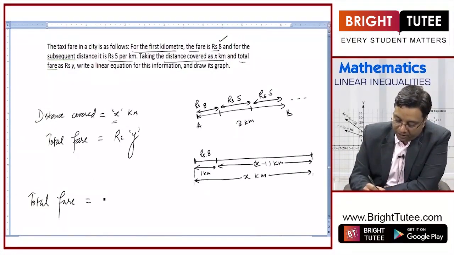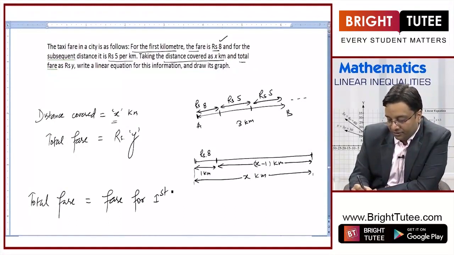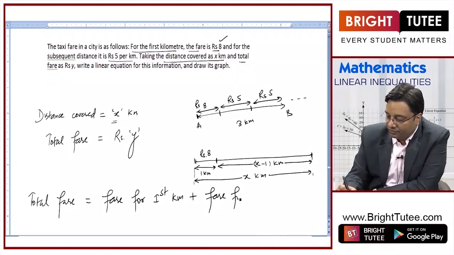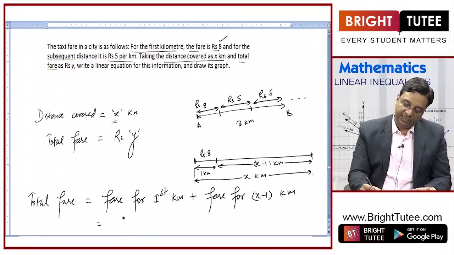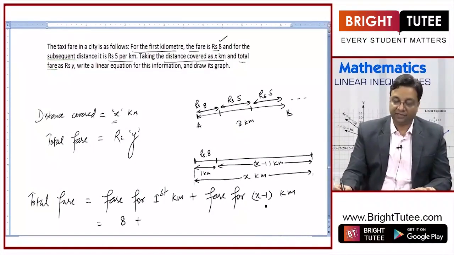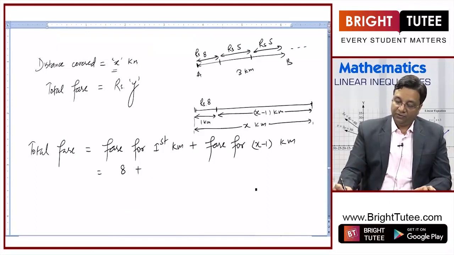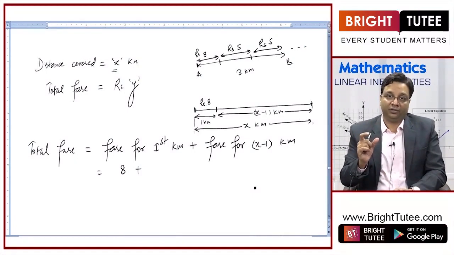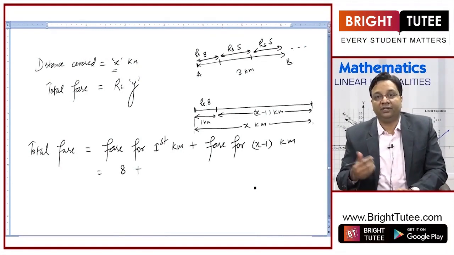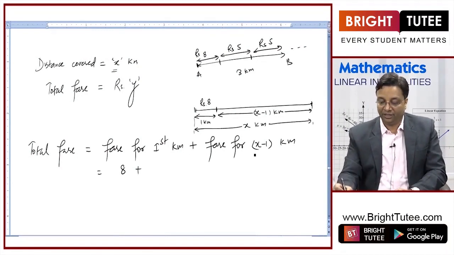So total fare will be equal to fare for first kilometer plus fare for x minus 1 kilometers. Now fare for the first kilometer is 8 rupees, and for 1 kilometer subsequent to the first kilometer it is rupees 5. So it will be 5 into x minus 1 for x minus 1 kilometers.